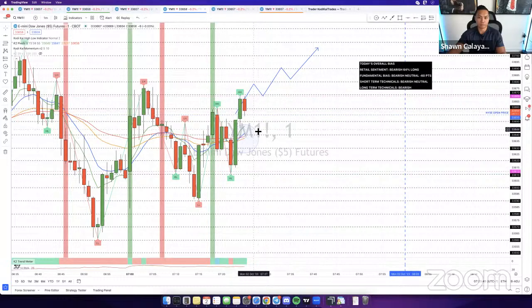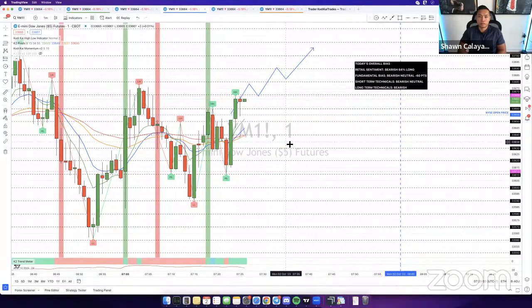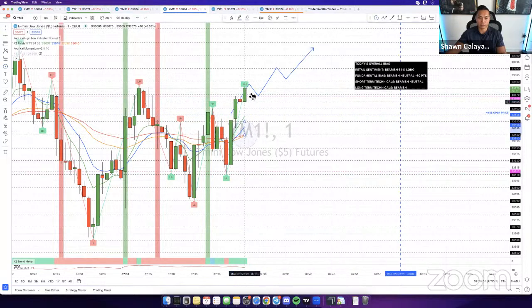That'll be the criteria we're looking for. You can see it closed slightly red, and the pivots still have not confirmed. If we get a strong green candle right here, I think the pivots will shift and it'll confirm a bullish trend.